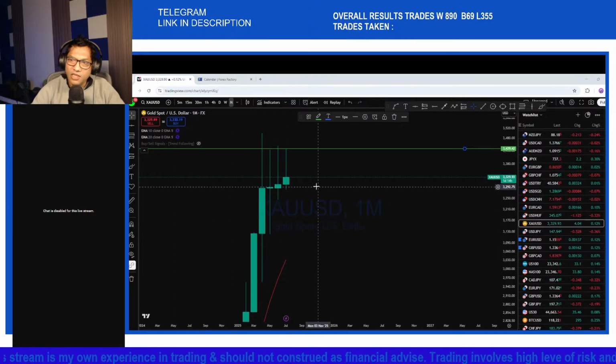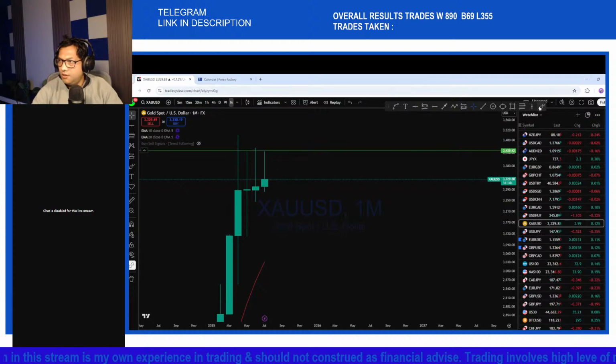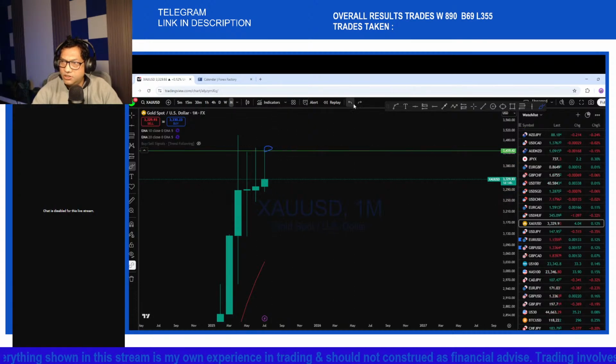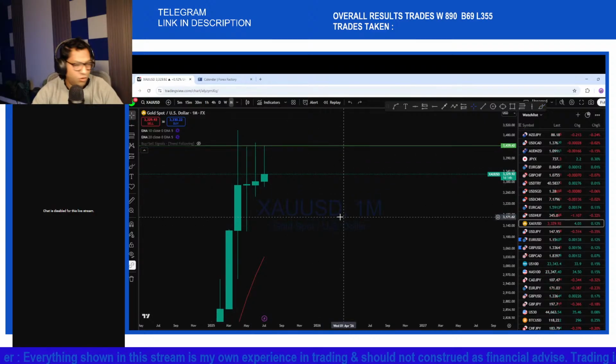And from the monthly, this is the monthly resistance line where you can see there is a rejection from that level. And with the rejection, this is a long wick candle on the monthly time frame on XAUUSD.